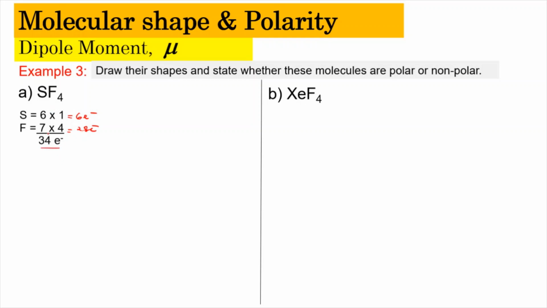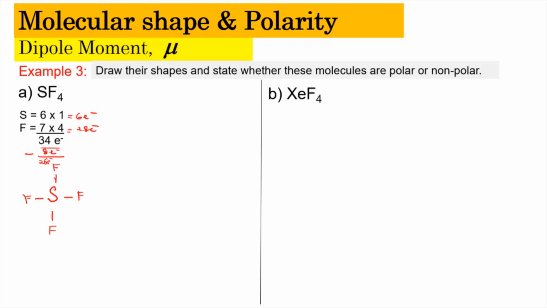From here, you know that between sulfur and fluorine, sulfur is the more electropositive. So sulfur is going to be the center atom, and it is bonded with 4 fluorine. So we have used up 2, 4, 6, 8, which is 8 electrons. So the balance of electrons is 26 electrons.